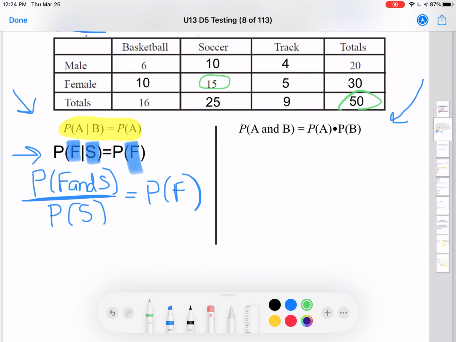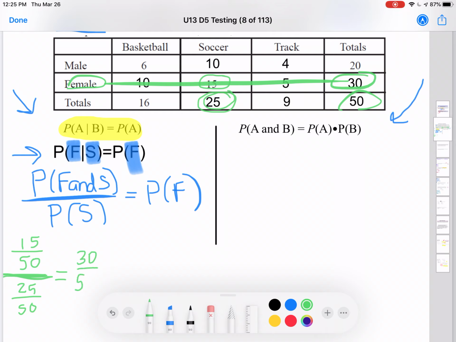And my total for everything is 50. So 15 over 50 divided by probability of soccer. So here's soccer, total soccer is 25 out of how much? 50. And then I set that equal to the probability of female. So here's female, go all the way down, and it's 30 out of 50.